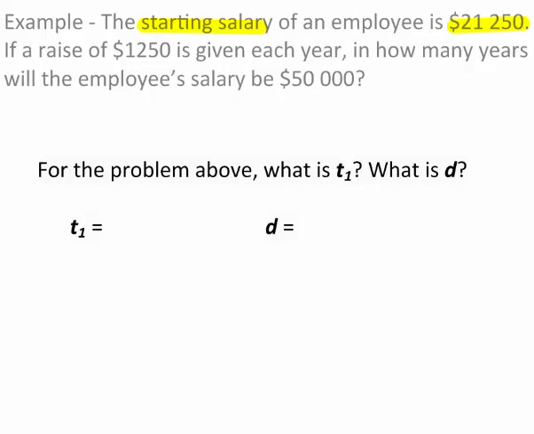So the fact that we're getting a raise every year of $1,250 could be our d value. So T1, the first term, will be $21,250, and d, the common difference, or the amount that it's changing by each time, will be the $1,250.